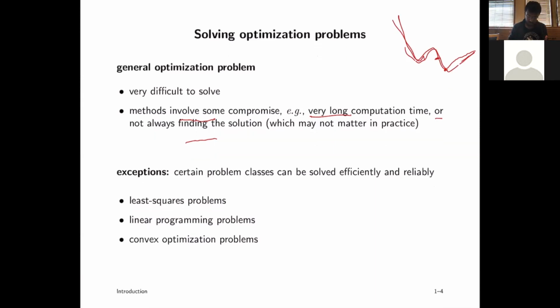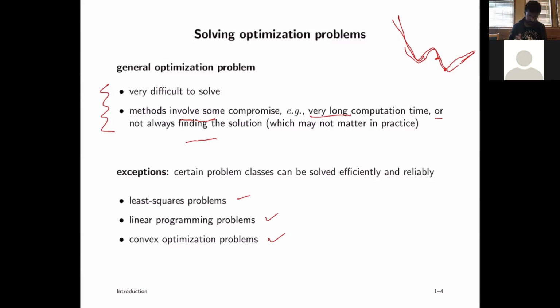Here we were making comments on a general optimization problem. We said that not all problems can be solved, but there are some exceptions. For example, the least square problem, we'll see that. Linear programming, convex optimization problems. These problems can be solved. This is well studied.